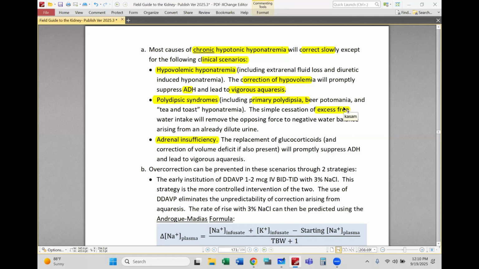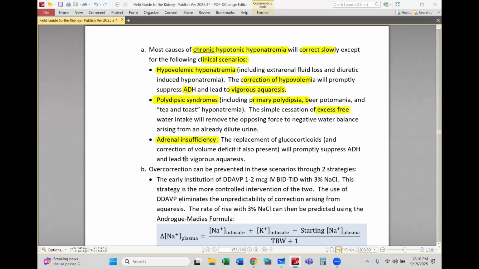The sodium rapidly corrects in a primary polydipsic patient when all you do is stop that free water intake. You'll notice that they're peeing half a liter an hour. Those are patients at risk for overcorrection, and they need to be prioritized to be seen quickly if that consult rolls in.